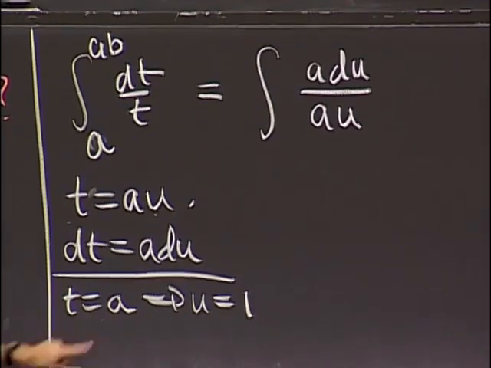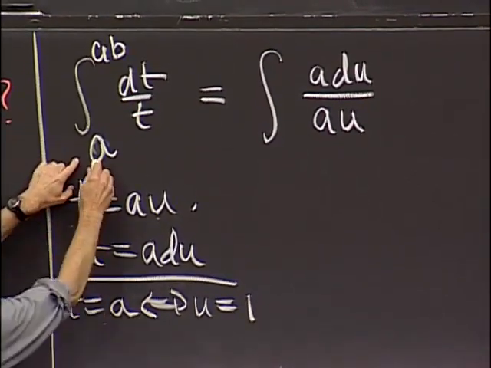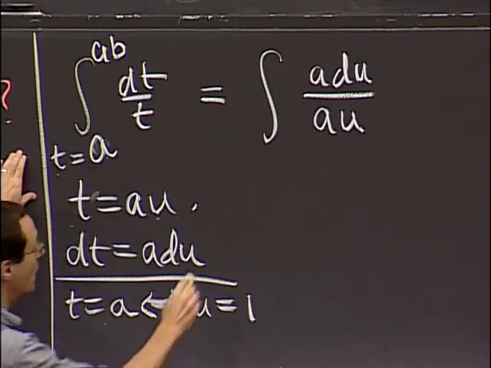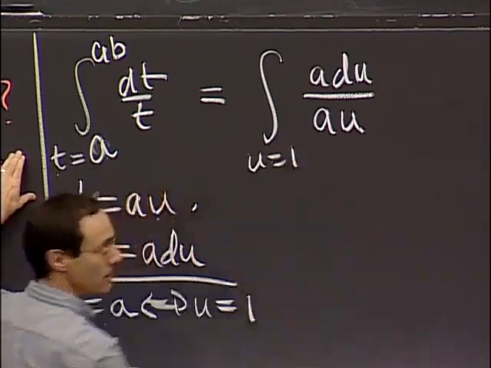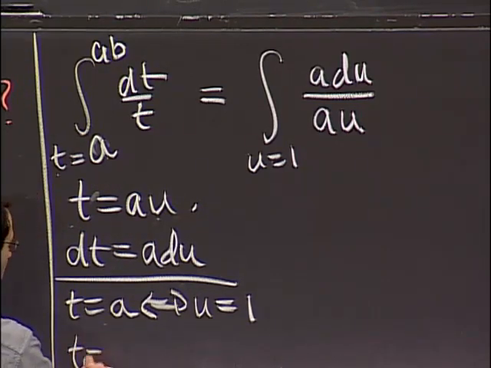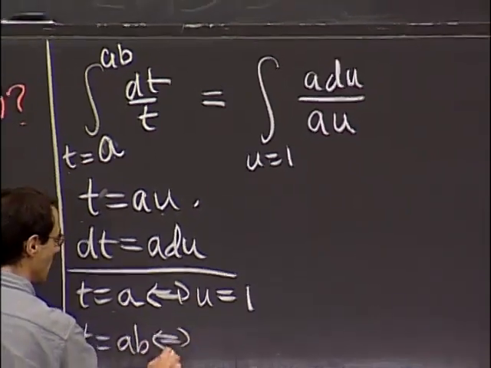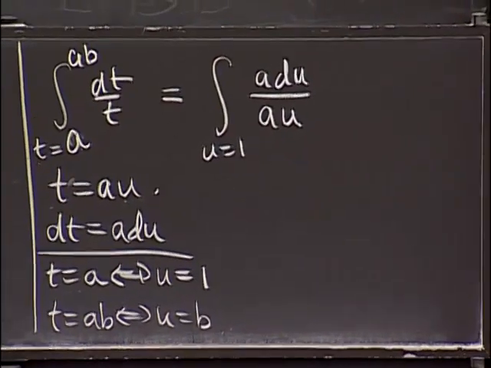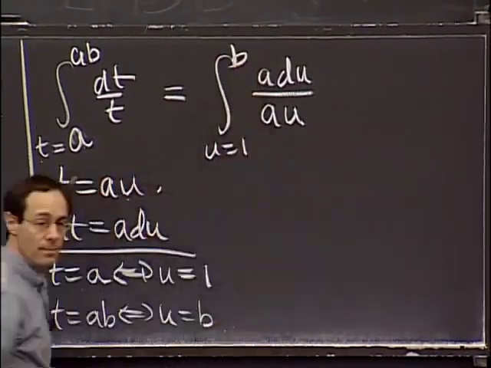So t equals a if and only if u equals 1. So this lower limit, which really in disguise was where t is equal to a, becomes where u is equal to 1. And similarly, when t is equal to ab, u is equal to b. So the upper limit here is b.